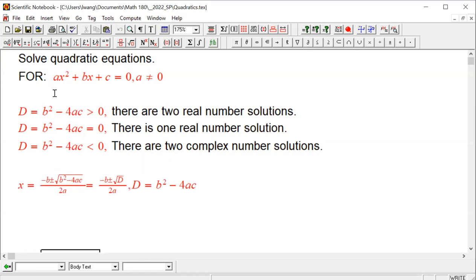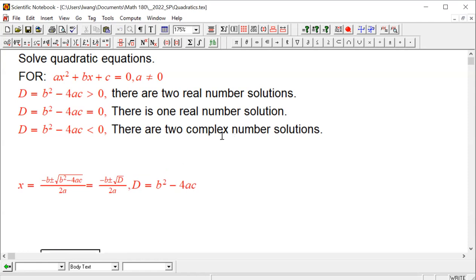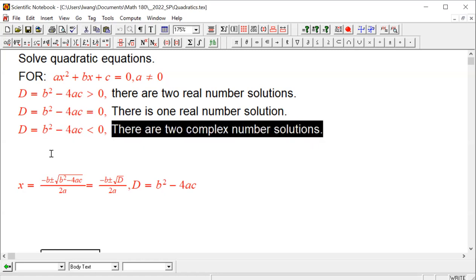For quadratic equation, it doesn't matter which method you use, these three cases apply. If you have discriminant positive, you're going to have two real number solutions. If the discriminant is 0, you have one real number solution. If the discriminant is less than 0, you have two complex number solutions.